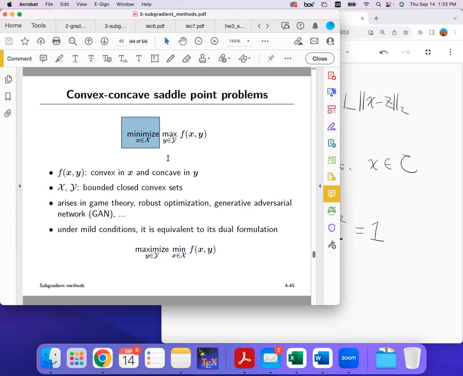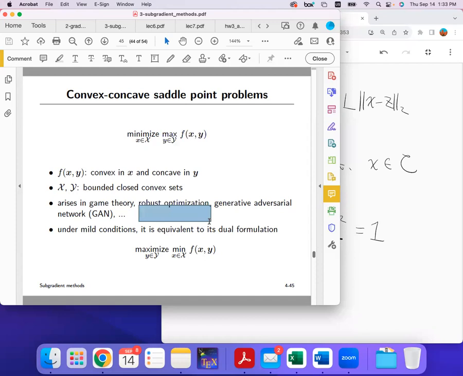You want to minimize a certain cost. But the maximization part is about the worst case scenario over all the possible y's. Maybe y is the environment. In the inner part, you are considering the worst case environment that will give you the highest cost. And for that worst case scenario, you want to minimize this cost. So this is called robust optimization.